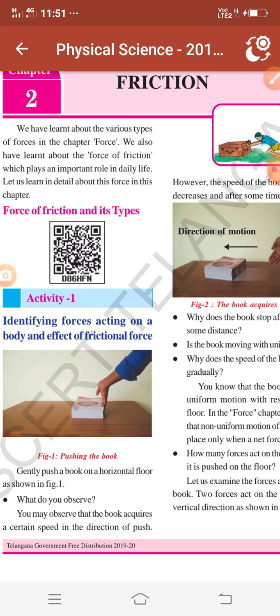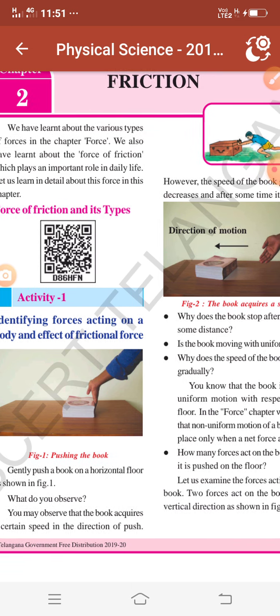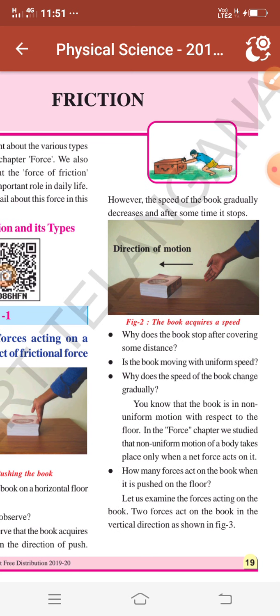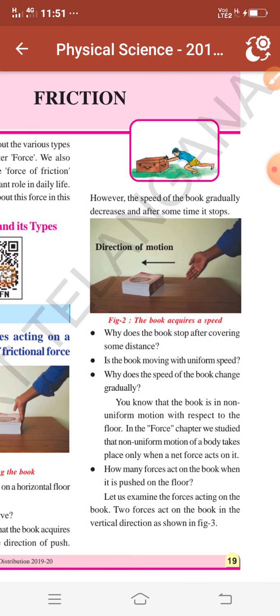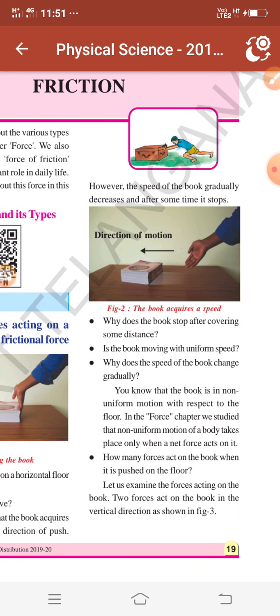Yes, the book gently moves forward. The book acquires a certain speed in the direction of the push. Now, the speed of the book gradually decreases and after some time it stops.